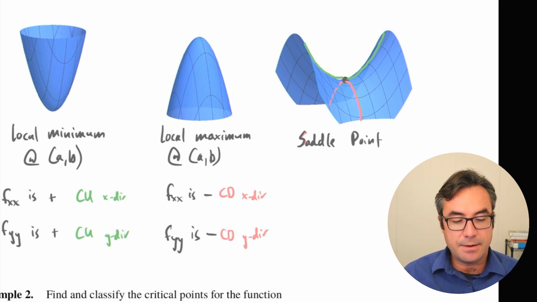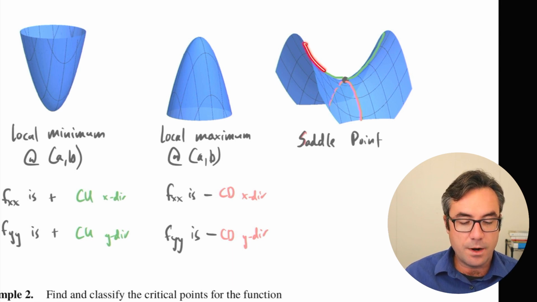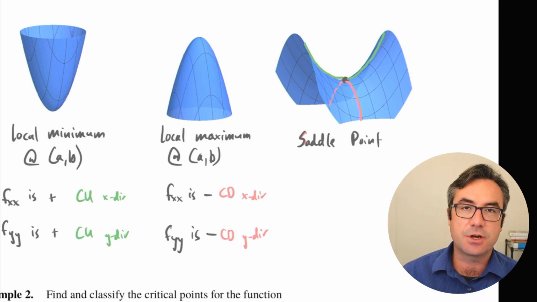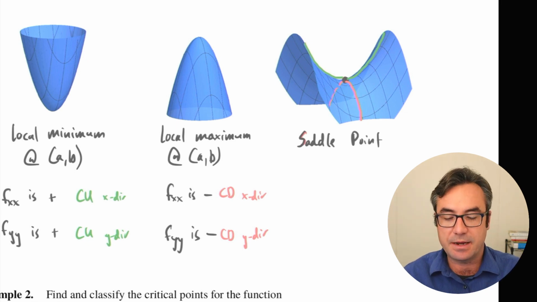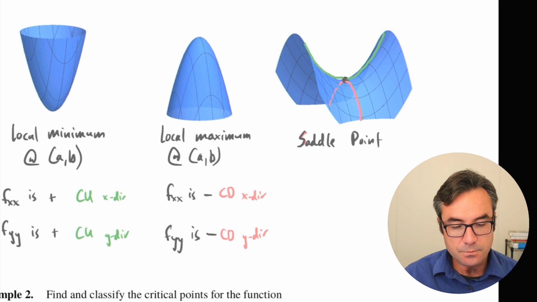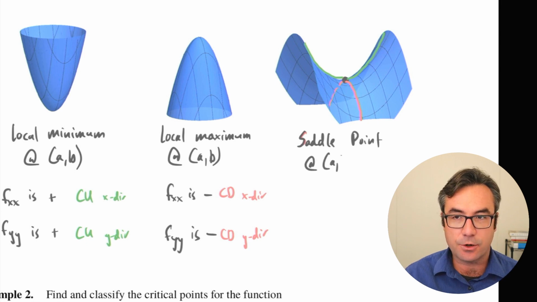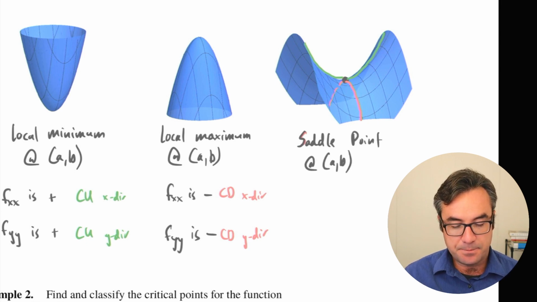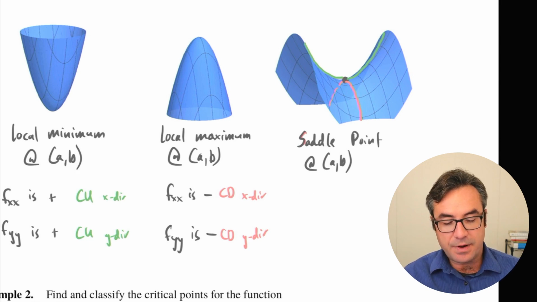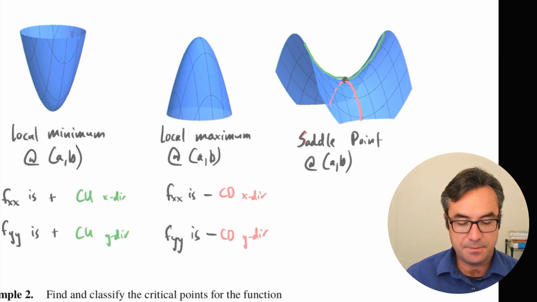So let's say one of the x or y directions is going to be concave up, the other one's going to be concave down. So when we have a saddle point at our critical number, we have a kind of mixed concavity.